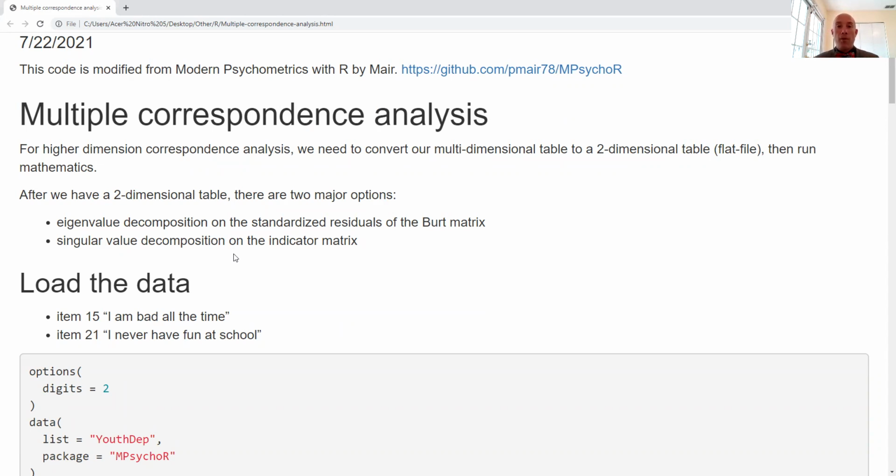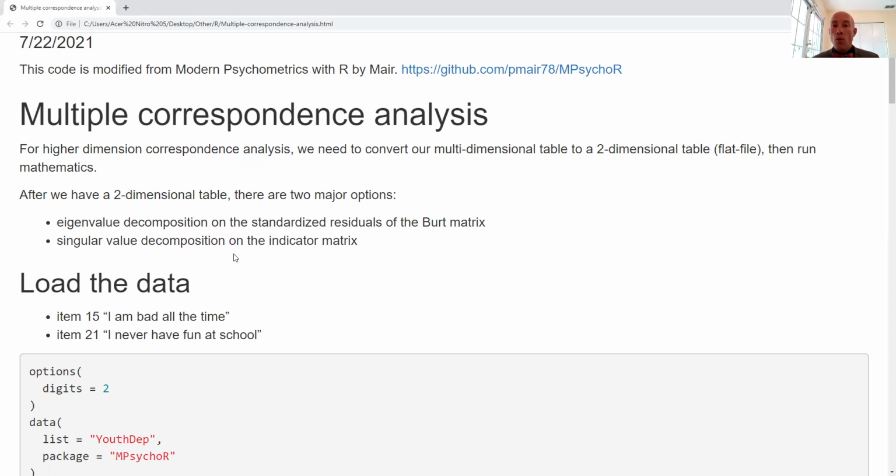If I have, let's say, three categorical variables, we dummy code each of those three columns with zeros and ones, and that would be our indicator matrix. We multiply the indicator matrix with its transpose, and that actually gives us the Burt matrix.